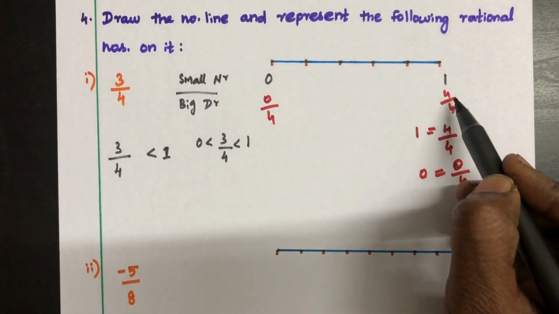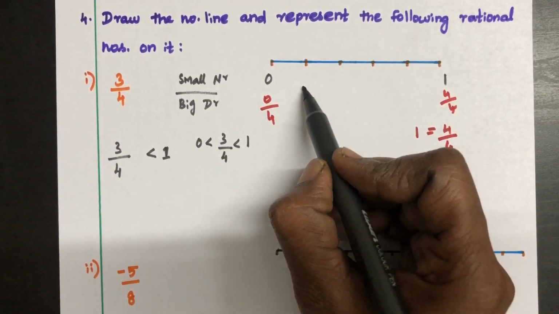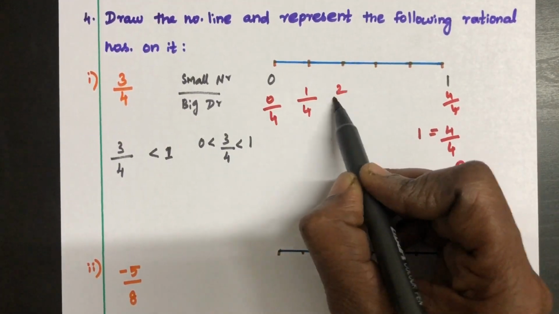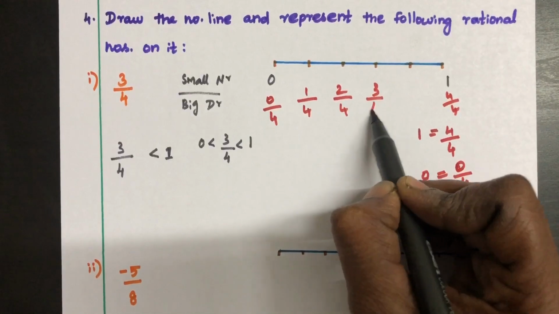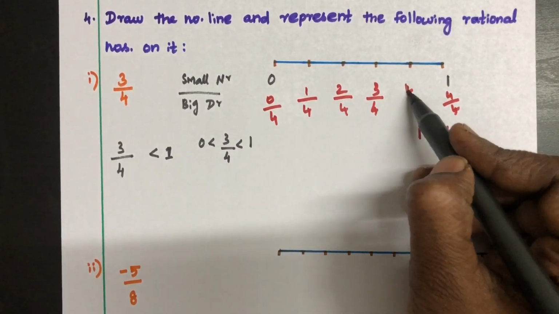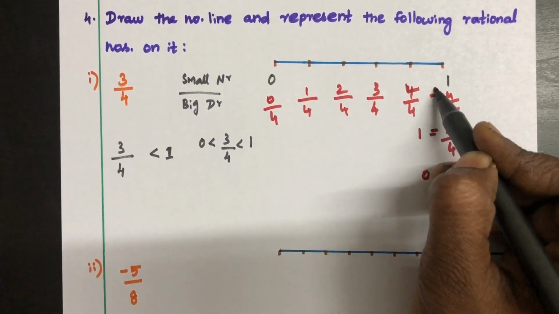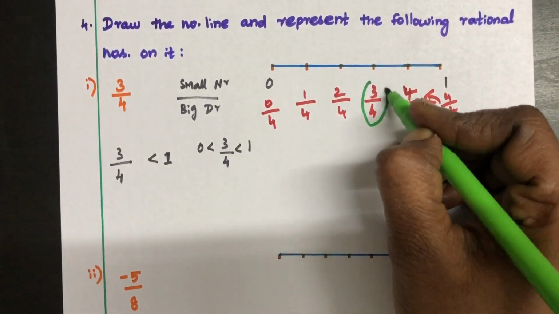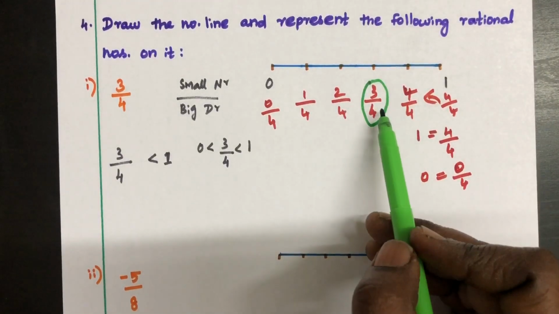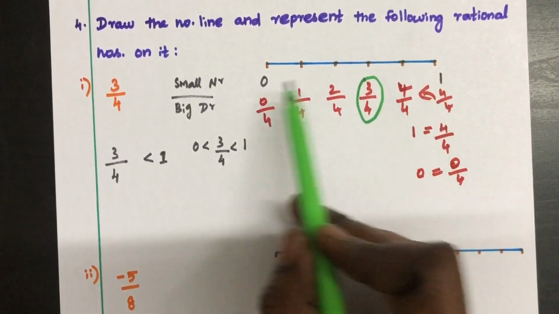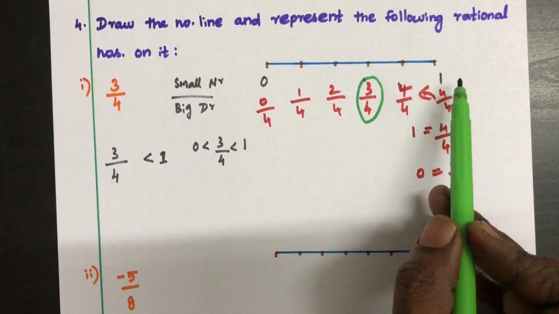This is 0, this is 1 by 4, 2 by 4, 3 by 4, this 4 by 4. Our rational number 3 by 4 fell in between 0 and 1. That's all. Easy, right?